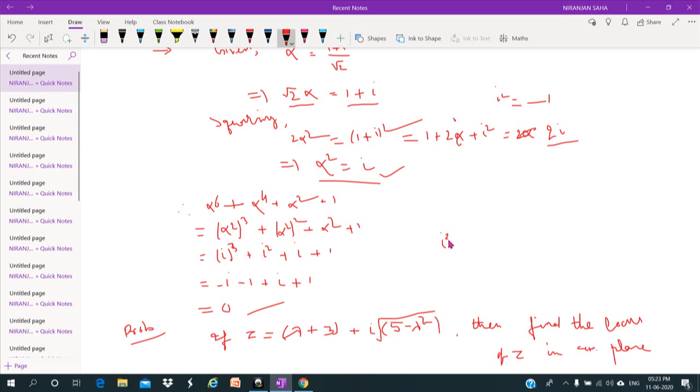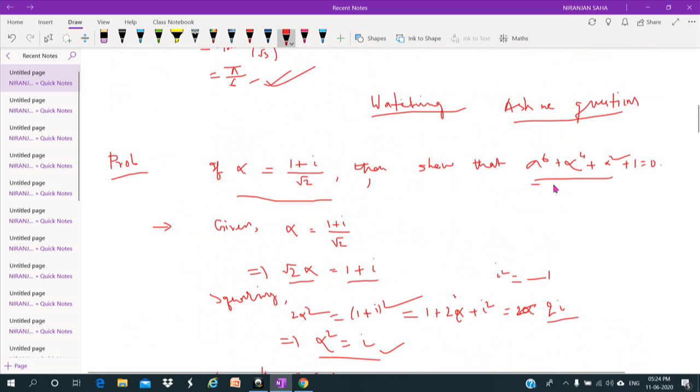Iota cube can be written as iota square into iota. So iota square value is minus 1, this will be minus iota. So here this is minus iota, iota square is minus 1, here iota and 1. Then subtracting this, you will have 0. So you have to prove that this expression is equal to 0.